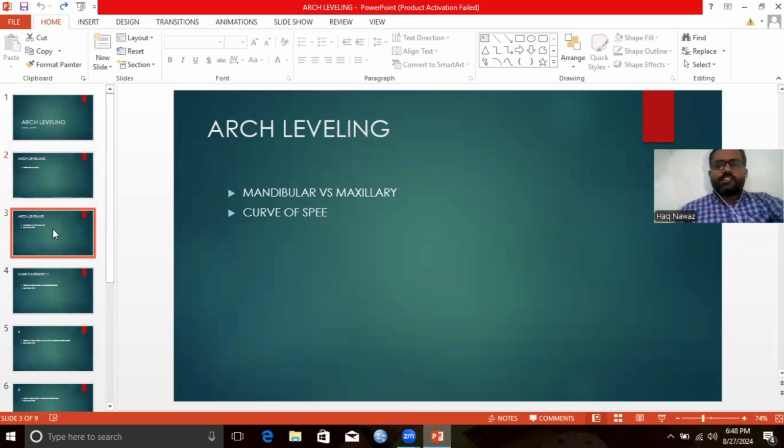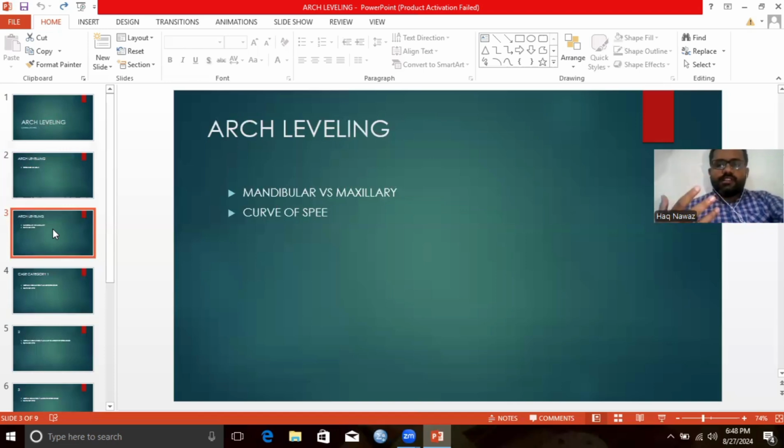As we have discussed, the vertical problem will manifest itself in the form of increased overbite or deep bite. It can be due to excessive eruption in the mandibular arch or the maxillary arch, but the clinical manifestation is increased overbite.